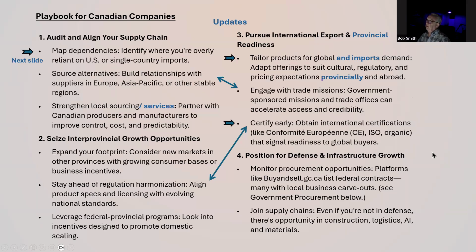Trade missions are big, and I'll get at that in a minute. And of course, defense infrastructure, joint supply chains. Look up what the buy and sell is when you're looking at defense.